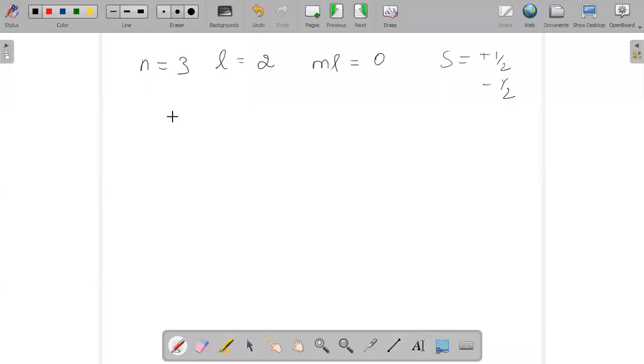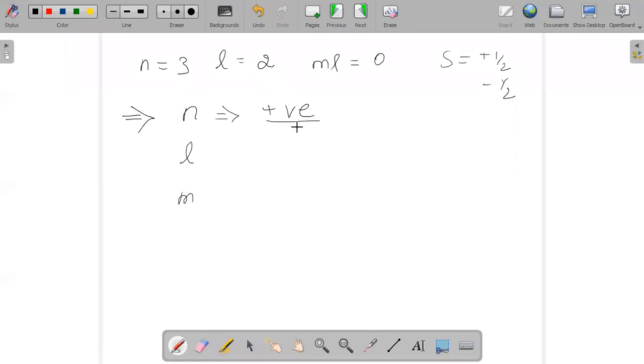So we should always remember that a set of quantum numbers has to follow certain rules. Your principal quantum number n should always be positive, because based on this value we calculate L, and based on L we calculate the magnetic quantum number.